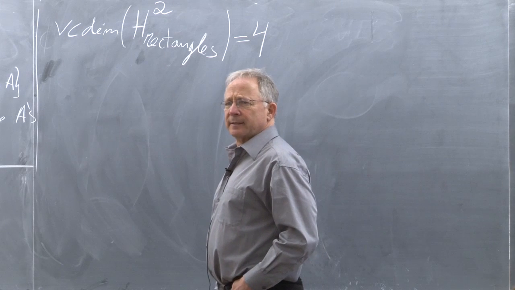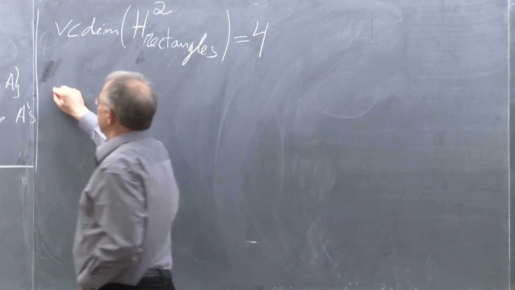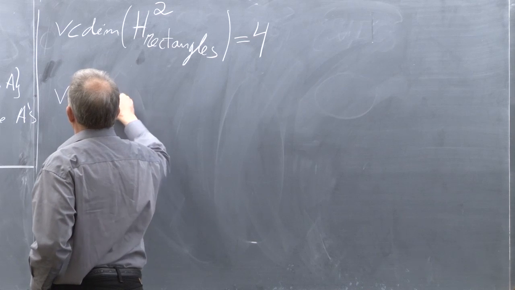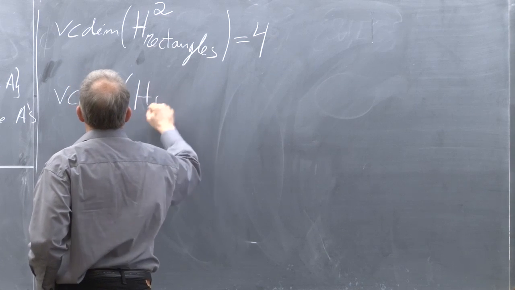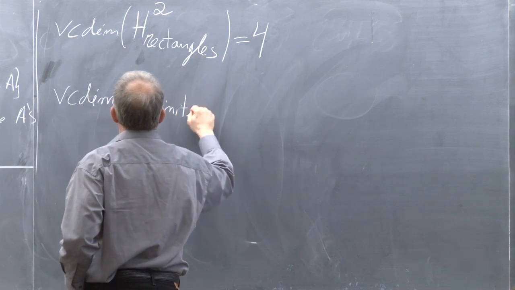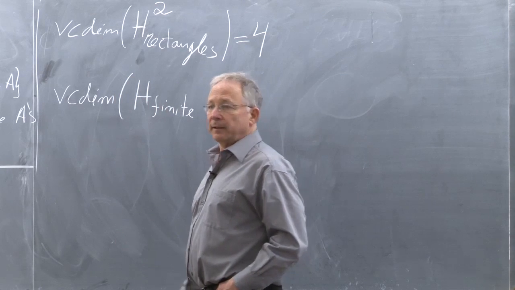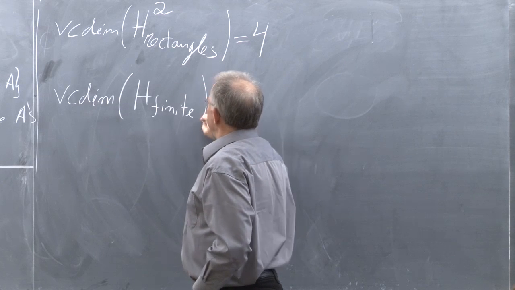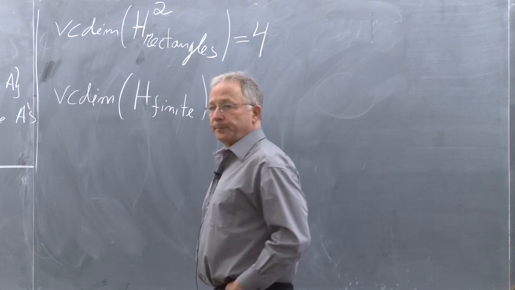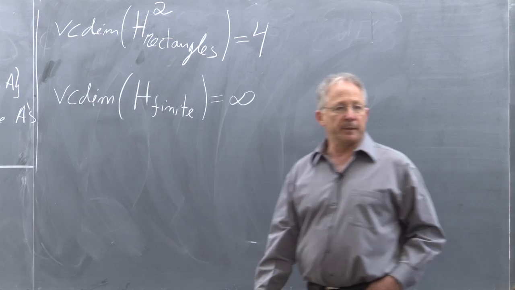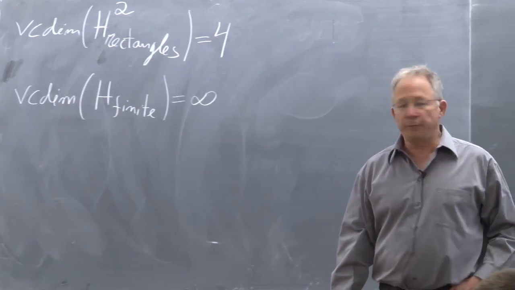And the last example that we saw was that the VC dimension of H finite over any infinite domain is infinity. So these were the examples that we saw so far.